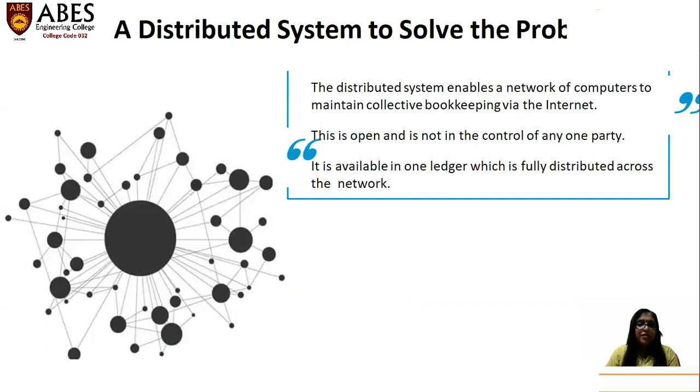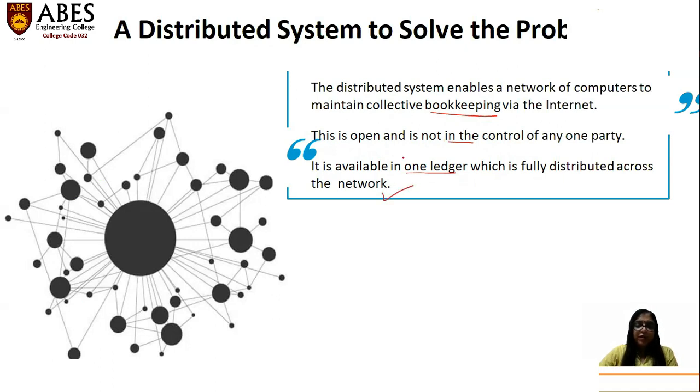So a distributed system works in these situations. A distributed system enables a network of computers to collectively maintain bookkeeping via the internet, right? This is open and it is not in the control of any third party. It is available as one ledger which is fully distributed across the network.